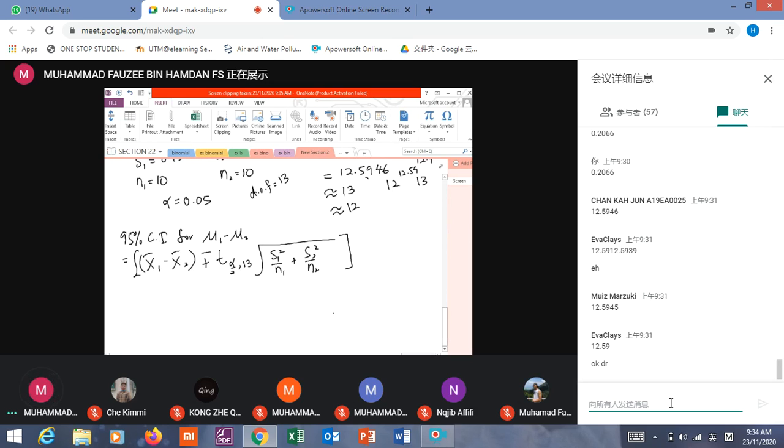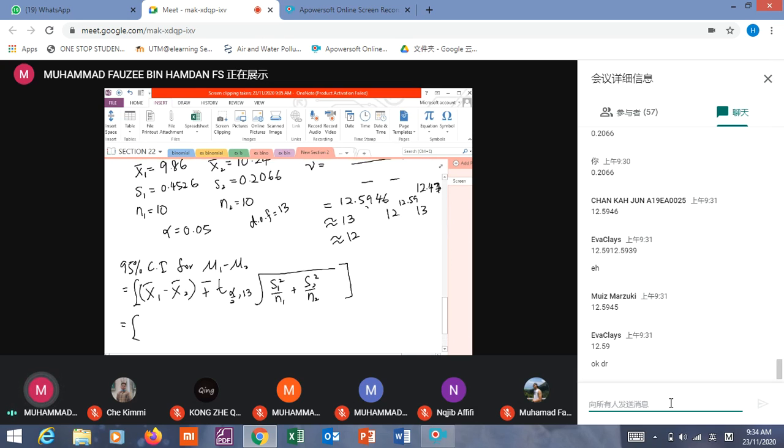Okay, so solve this one. Just substitute the values.